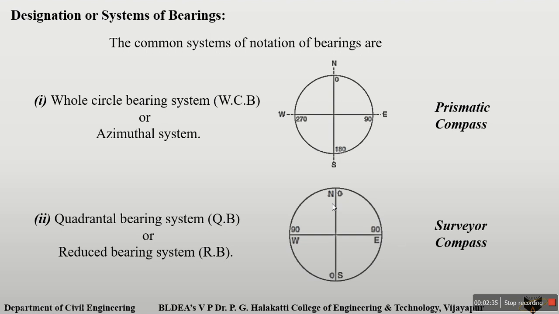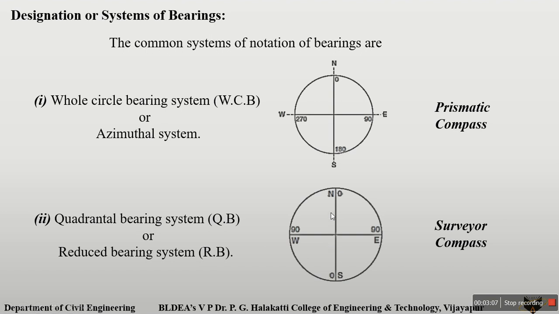So in the surveyor compass, we have to take the reference from the north direction as well as the south direction, and measure the bearings towards the east or towards the west side. But in the prismatic compass, the bearings are measured with the reference of the north direction in the clockwise direction; you rotate your instrument from the north direction clockwise to get the bearing.